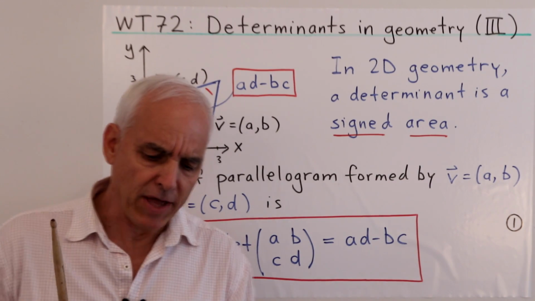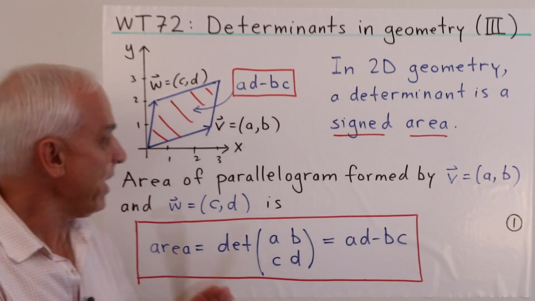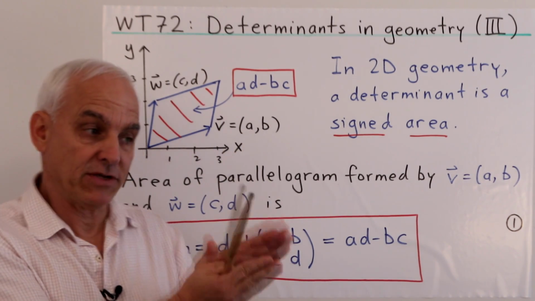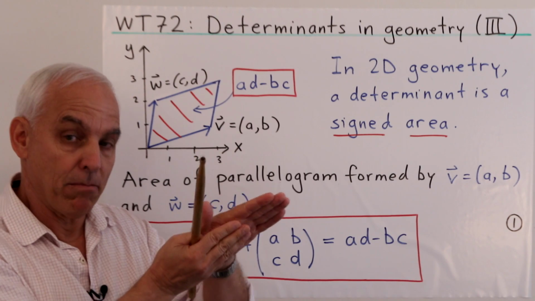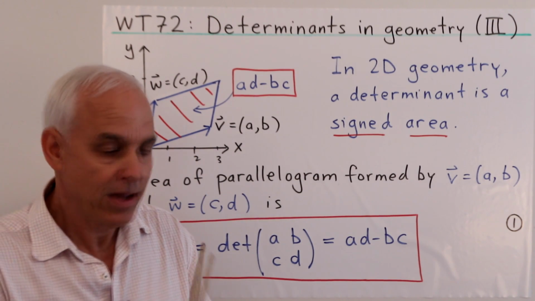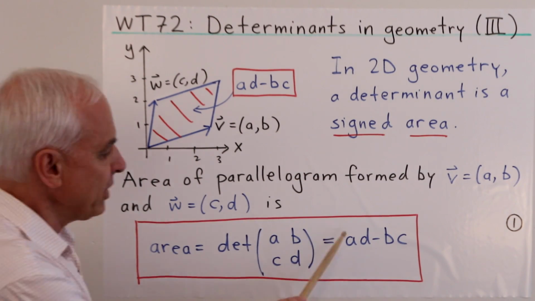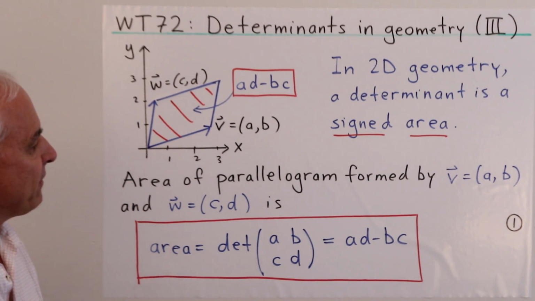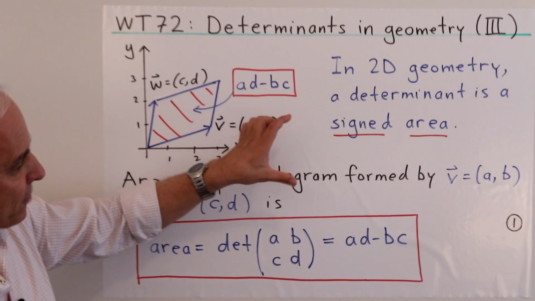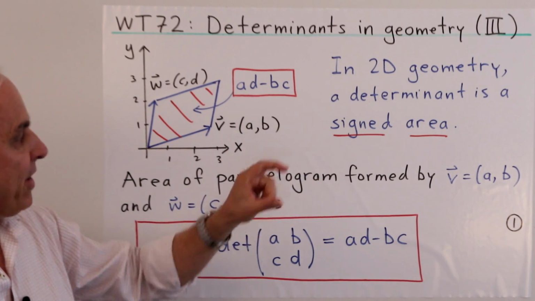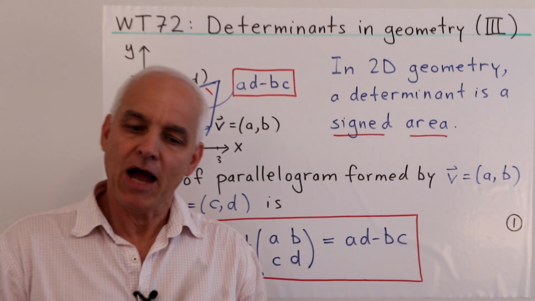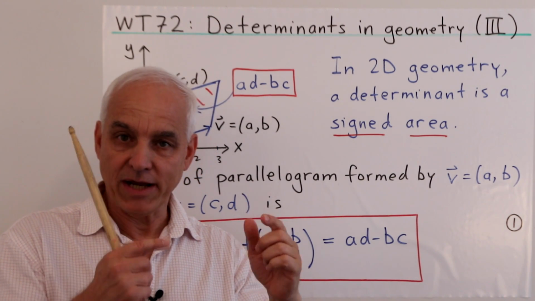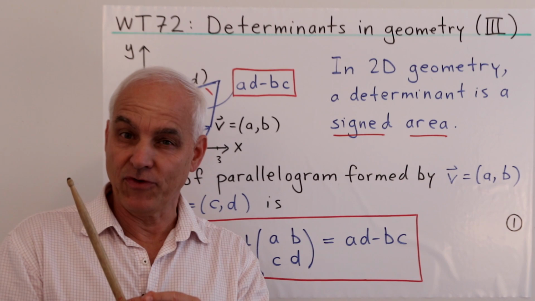And I want to point out that in the special case when (a, b) and (c, d) are in the same direction, in other words, when v and w are multiples of each other, then this quantity is going to be 0. And in fact, if you think about ratio, the rational number a over b and the rational number c over d, I remind you that those two rational numbers are equal precisely when ad minus bc equals 0.